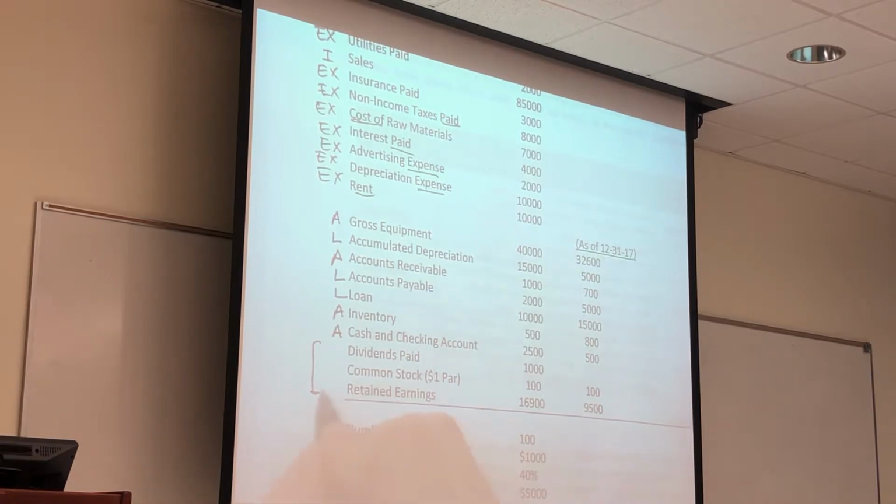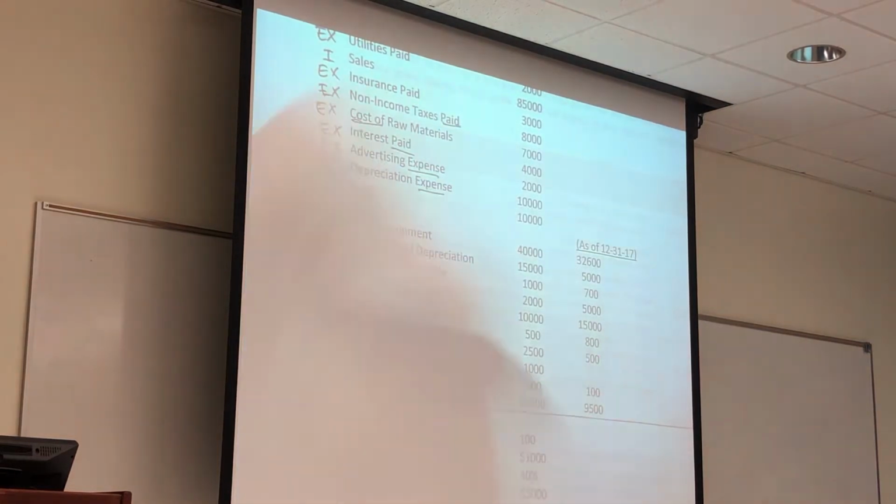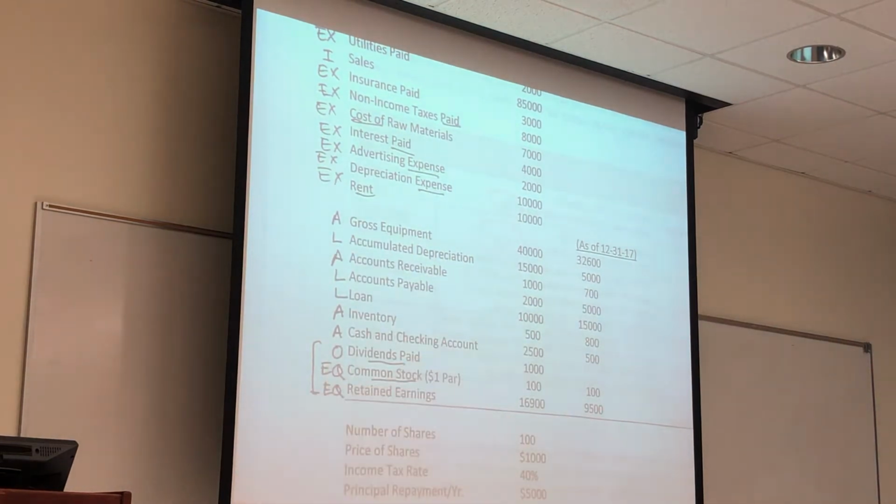Just know it. Yes. Can you repeat that? What is it? Equity. Mm-hmm. And common stock is also an equity. Dividend paid is the lone guy in all this, and it's other. It just does not belong anywhere.